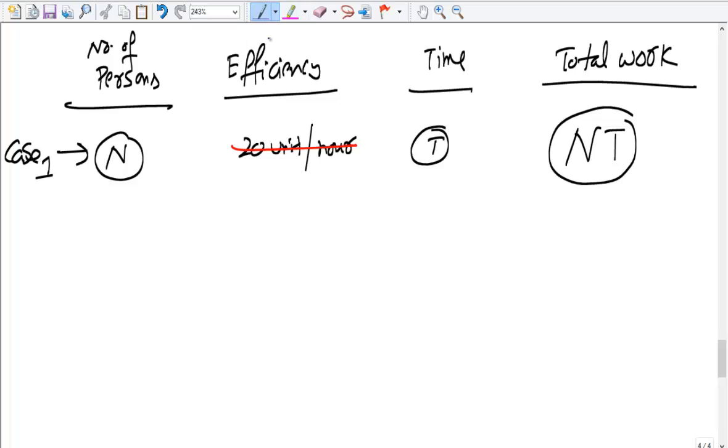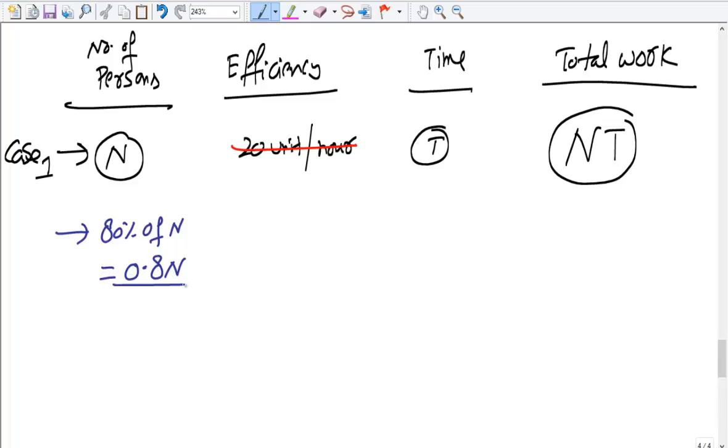Now we have got case number 2. That is after 8 days. Exactly after 8 days, 20% of the employees left the project. It means now it is 80% of n, that is nothing but 0.8 n. The efficiency remains the same, that is 20 units. Now we can neglect it.